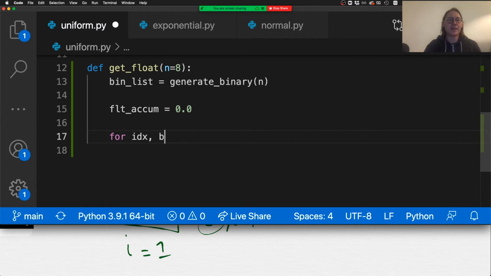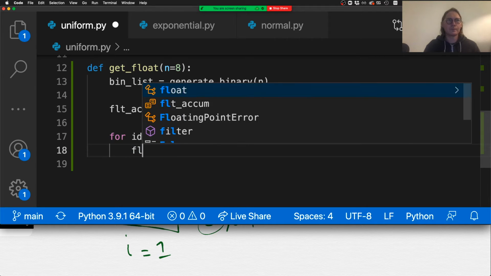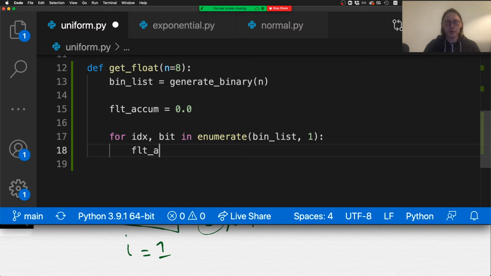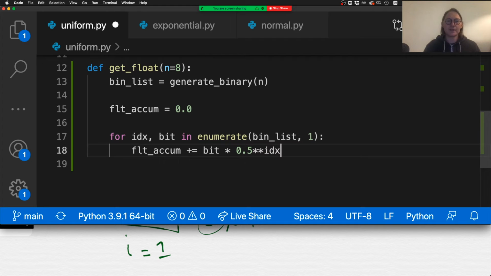So it's just index and bit, and I'm going to enumerate because I want the indices. I'm going to enumerate the bin list, and I'm going to start at 1, as I did in the formulation for this. So the float accumulator, is that what it's called? Float accum is going to be incremented by the bit multiplied by 0.5 to the index.